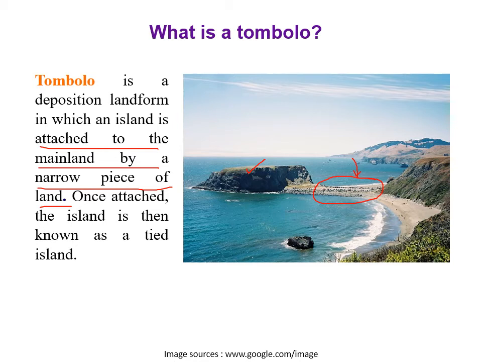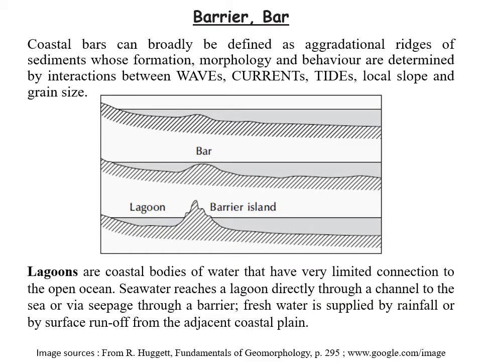The third type of deposition found in the coastal areas is known as a barrier or bar. Now, coastal bars are the products of some aggradation or deposition of sediment, and their formation, morphology, and behavior are governed by the activity of wave, current, tide, local slope, and sediment grain size.